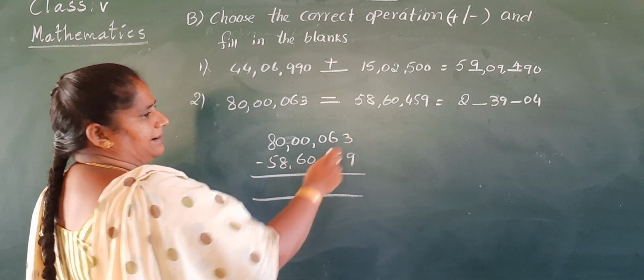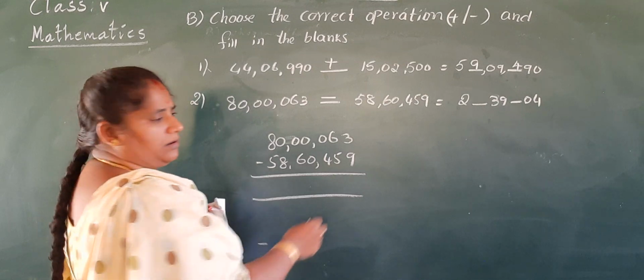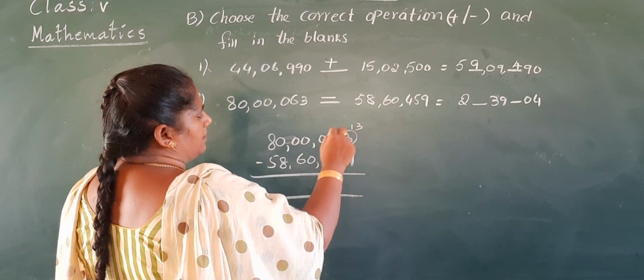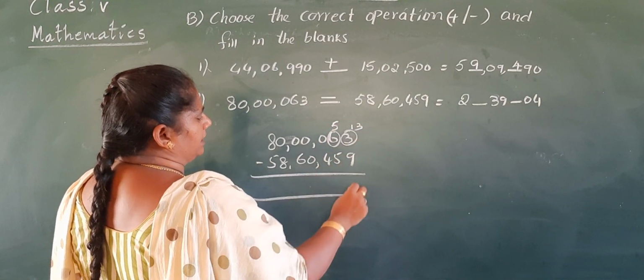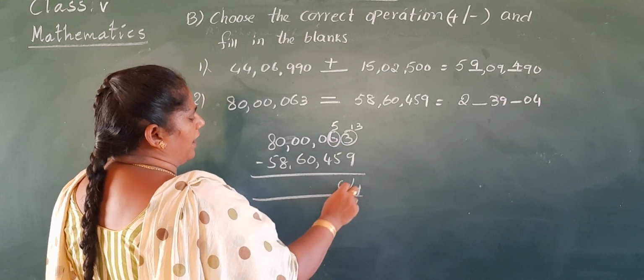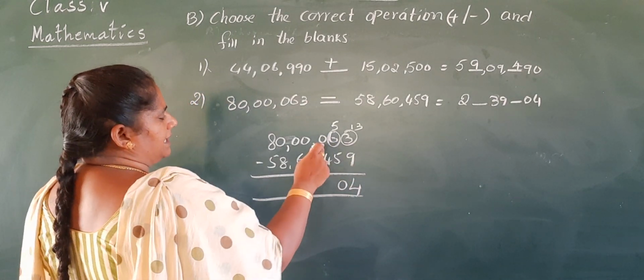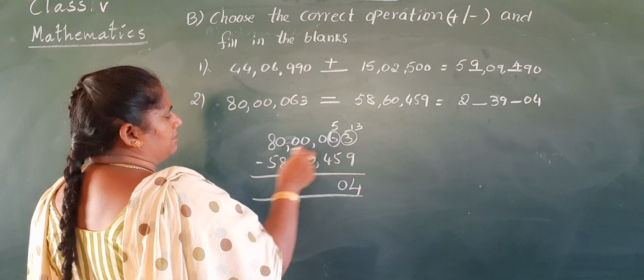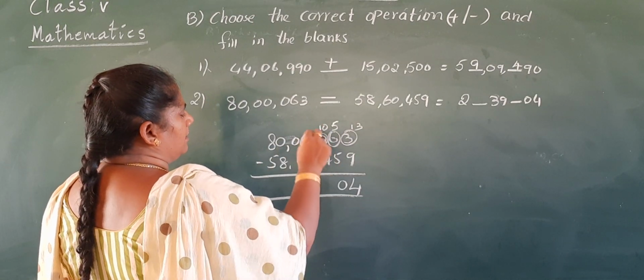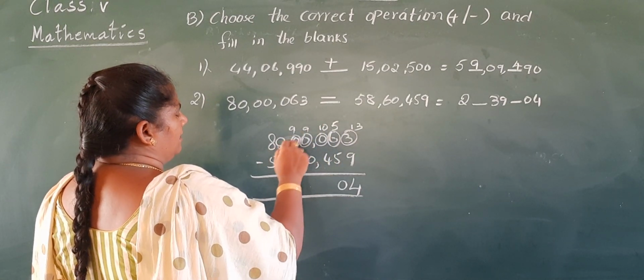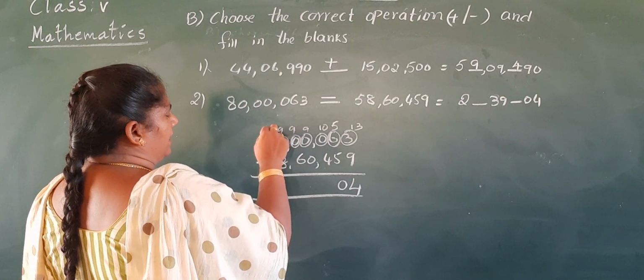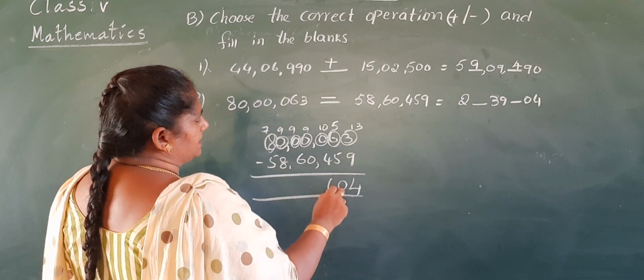9 is greater than 3. So take borrow 13, 6 becomes 5, 9 to 13, 4. 5 minus 5 is 0. 4 is greater than 0. So from this number you take borrow 10, 9, 9, 9, 7. So 4 to 10 is 6.